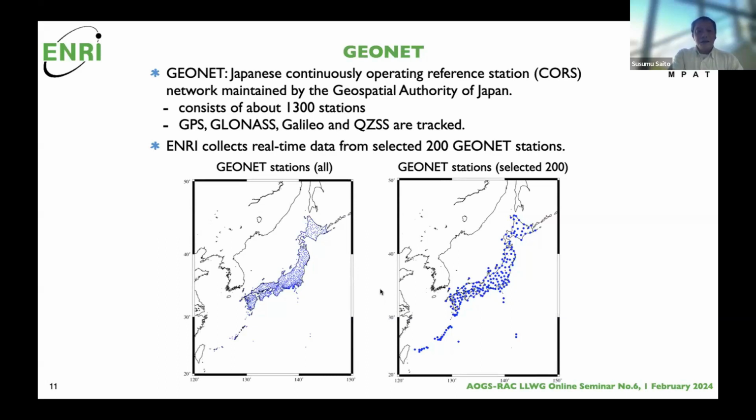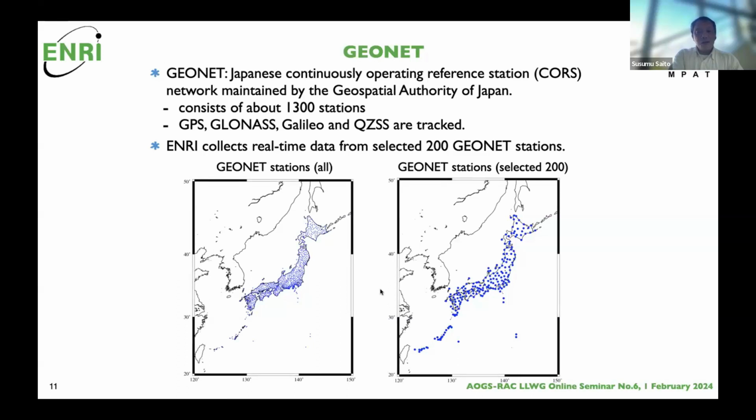And now GEONET tracks GPS, GLONASS, Galileo, and QZSS. Unfortunately, the BeiDou data are not yet provided.